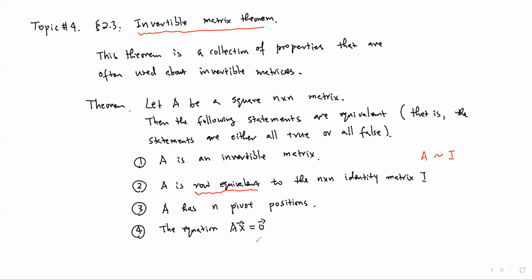All the variables are basic variables. So the equation has only the trivial solution. Trivial solution means zero solution. No non-zero solution.